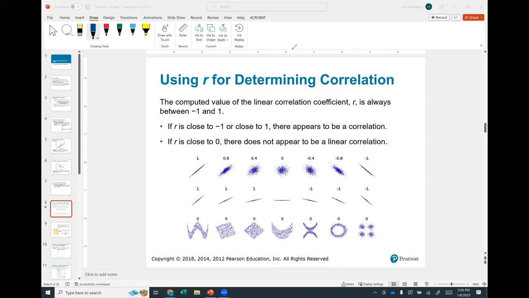So we talked about that. Now we can see that here, there is no linear correlation. There's no line that makes this all true. So these are zeros. They form some nice pictures, but here's a circle.